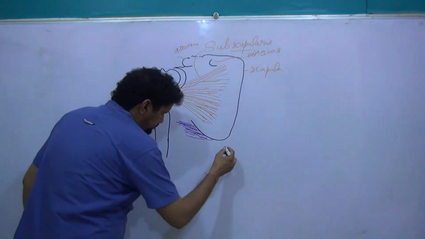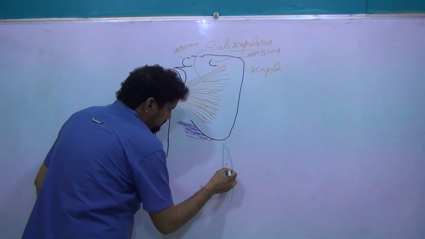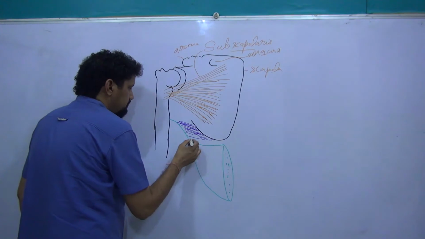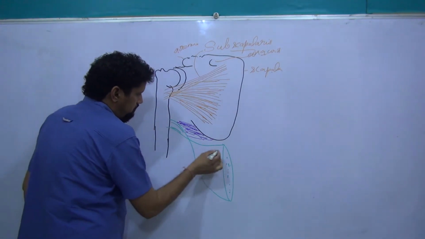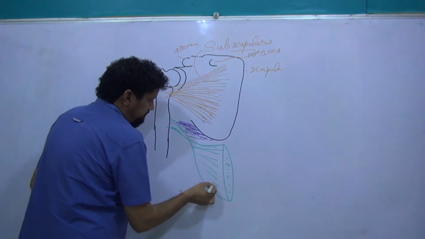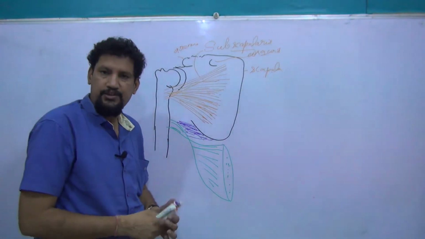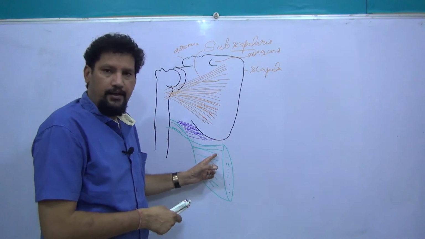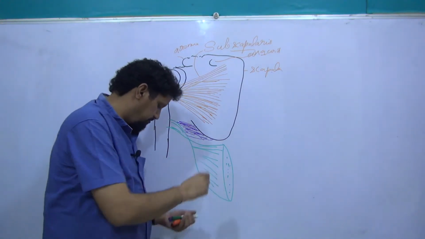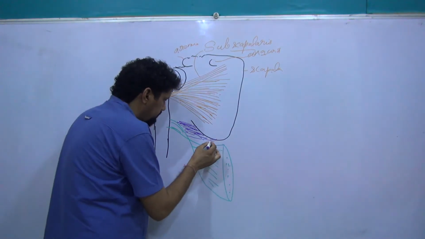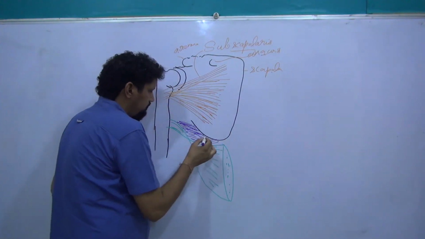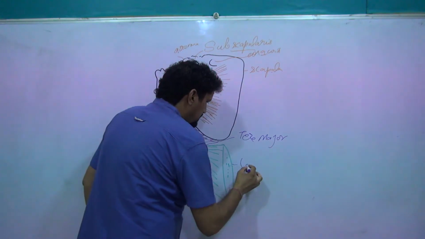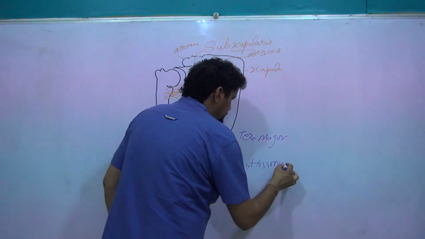But from here, the other muscle which is twisting around the teres major and forming the posterior axillary fold is the latissimus dorsi. So teres major and latissimus dorsi.